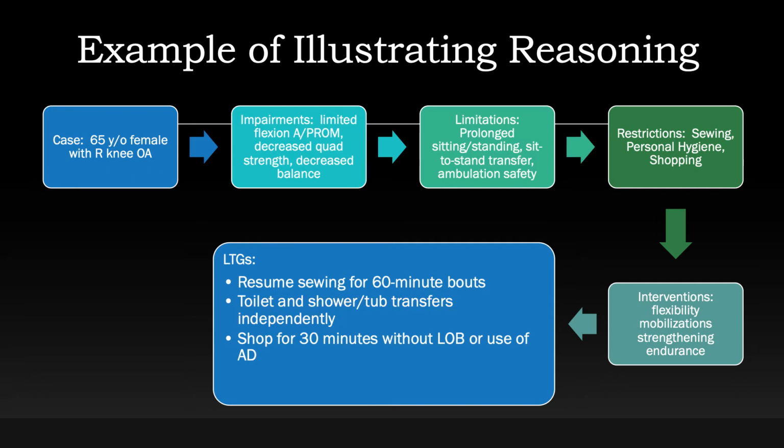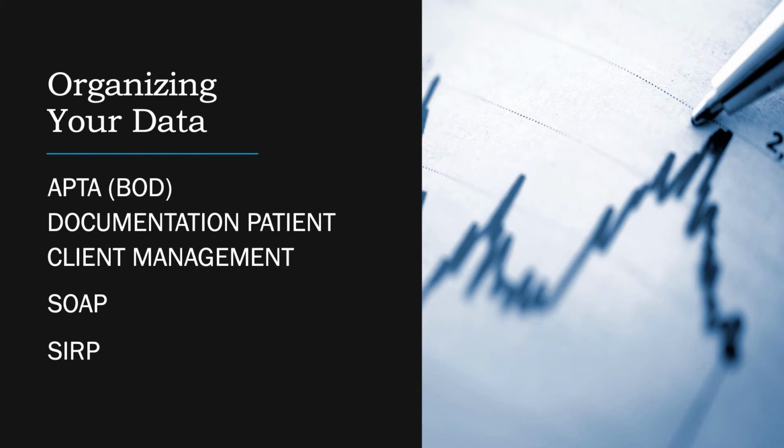So the next step is, where do we put each of these entries in our documentation? So where should it be located? Well, fortunately, we don't have to come up with that answer ourselves. We've got plenty of documentation resources that we can go to. There are a number of different formats that we can use to organize our data, but these formats will typically be constrained by whatever EMR you're using, and you've probably experienced that in your first clinical rotation.